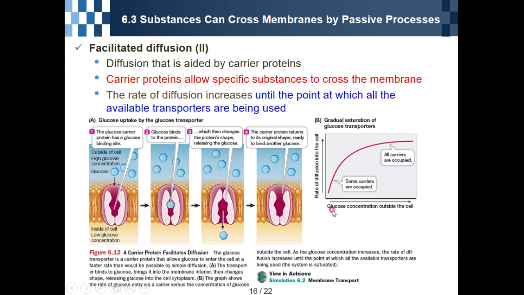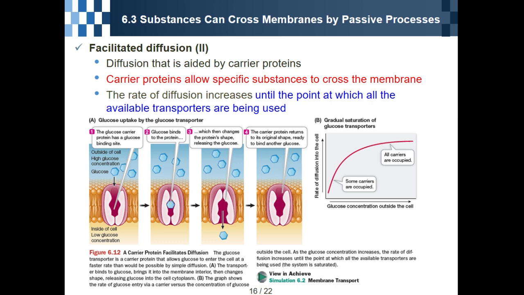Okay. So for example, this is the x-axis, glucose concentration outside the cell, and this is the diffusion rate. We will find that at some point, when all available transporters are being used, the rate of diffusion does not increase. It will make this kind of flat region like this. Why? Important.